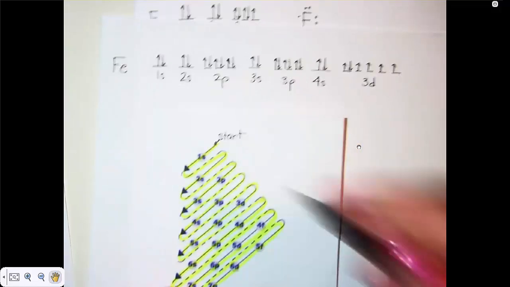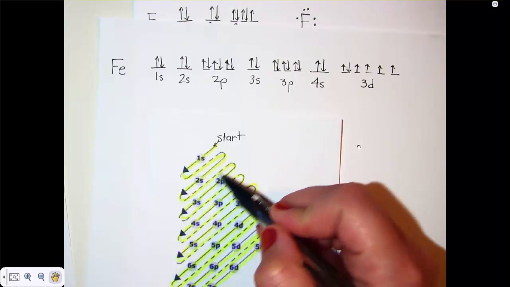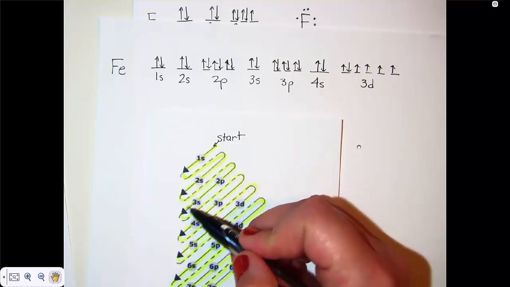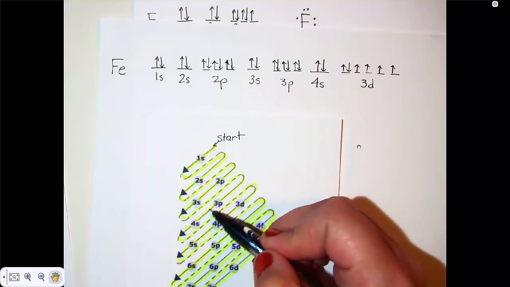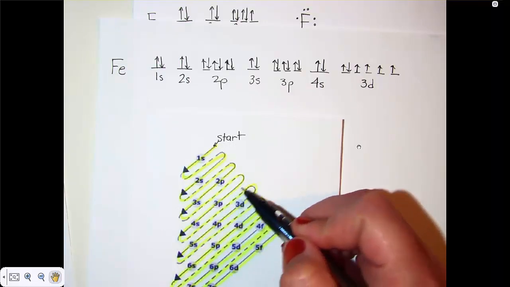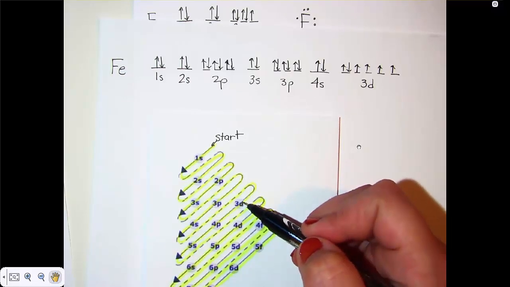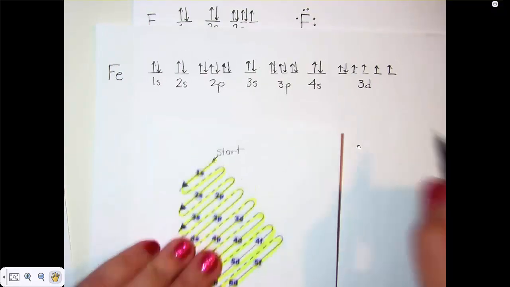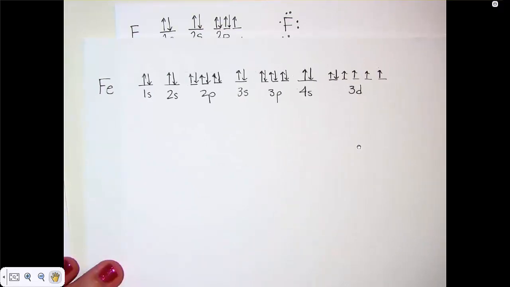So iron had 26 electrons, so we filled up the 1s, then the 2s, then the 2p, and then it said go to 3s, and then it said to go to 3p. Fill that up because I needed all those electrons. And then I went to the 4s, and then I finally got to my 26th electron when I got to 3d. So that is the orbital notation of iron.